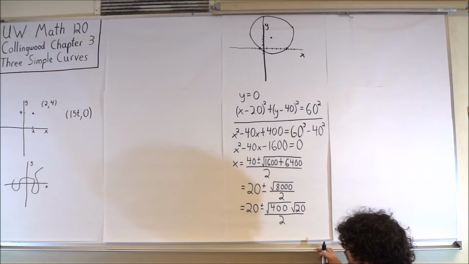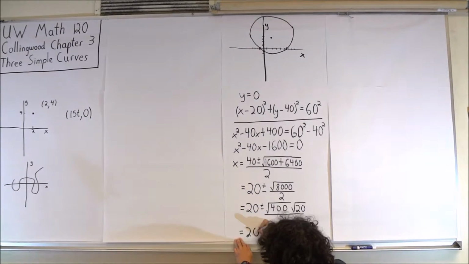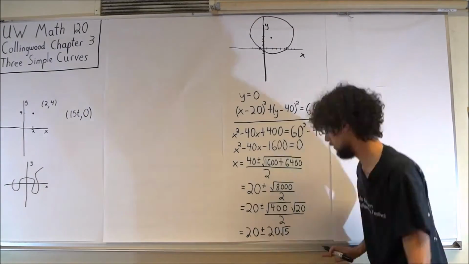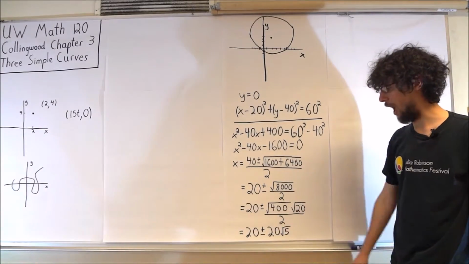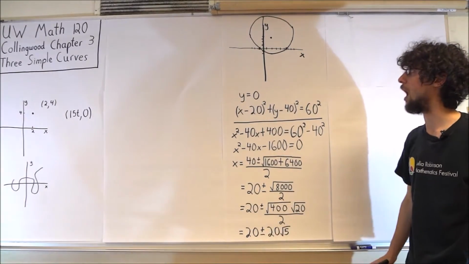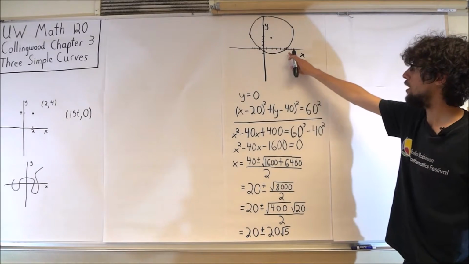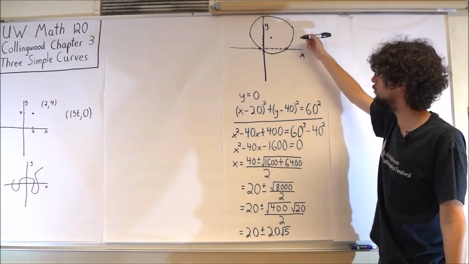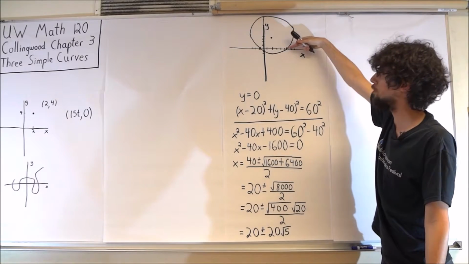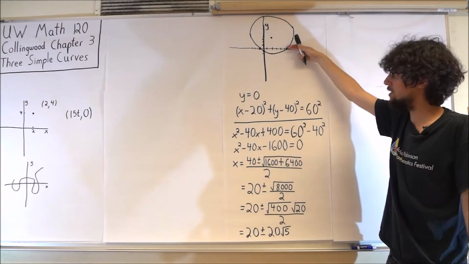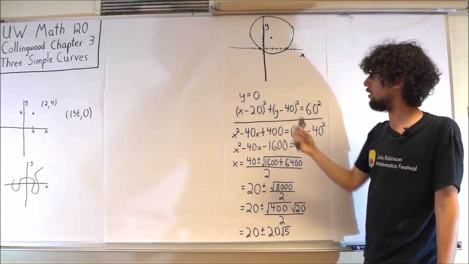So I have that this looks like, so I have two answers here, 20 plus 20 root 5 and 20 minus 20 root 5, which is consistent with my picture where I have two numbers, one of which is some distance more than 20, and one of which is the same distance less than 20.